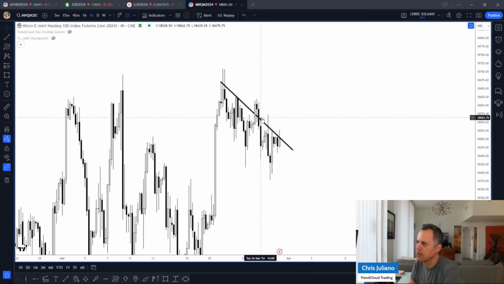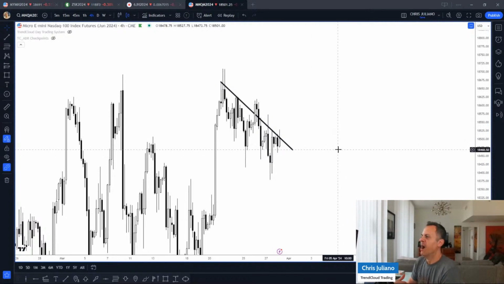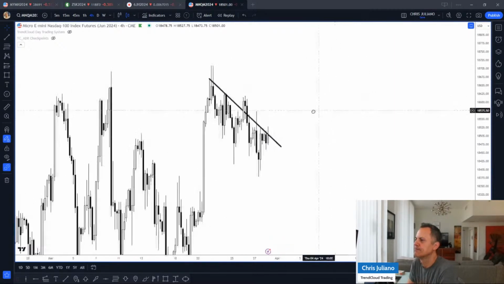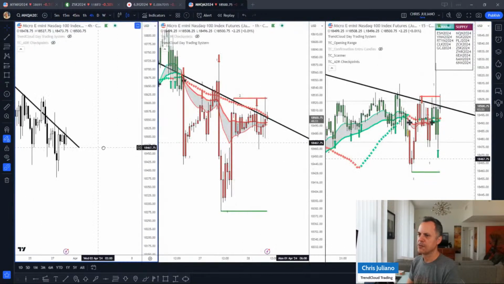So we figured there was going to be some sort of trend line support in this area, maybe at this zone here, at this demand zone. Price pulled in and ripped right through it and then found resistance again. No telling, right? There's no telling. So nothing's perfect.